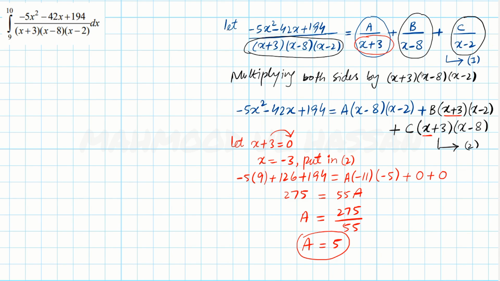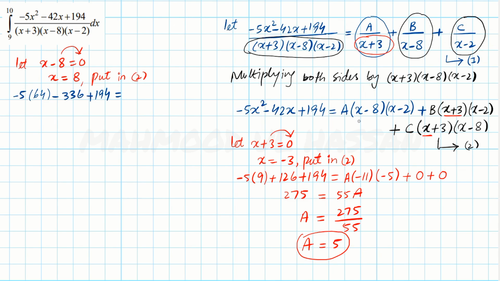Now we have to take the denominator of the second term from equation 1, that is, let x - 8 equal 0. Just shift this 8 to the other side, so you will get the value of x, that is 8. So you have to put it in equation number 2. So equation 2 would become -5 times 8 squared, which is 64, then minus 42 multiplied by 8, that is 336, then plus 194 equals.